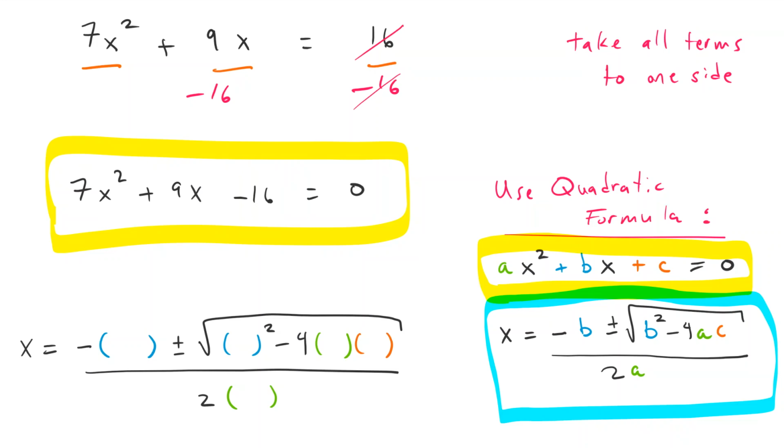So we are pretty close. The a is going to be this term here. Our a is going to equal 7. Our b is going to be this term here. And our c is the constant term.